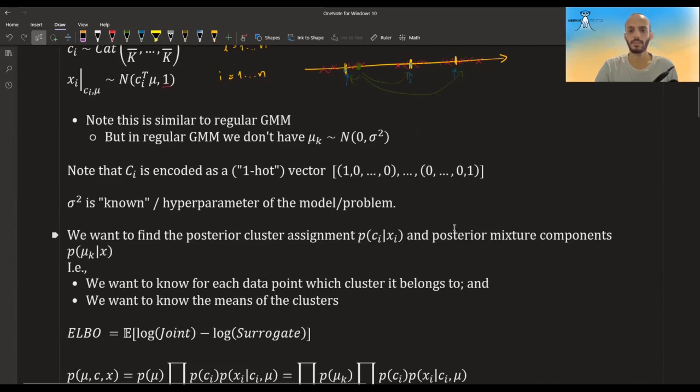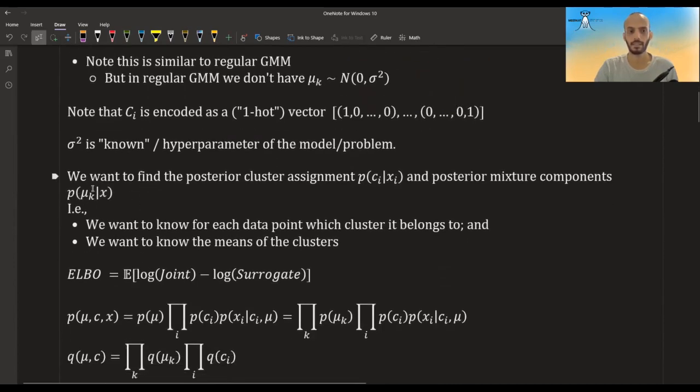And also we want to know the posterior mixture component. Okay, so this is the probability of mu k, of the location, given all our data. So for each data point we want to know which cluster it belongs to, and we also want to know what the means of the clusters are, where the clusters are located.